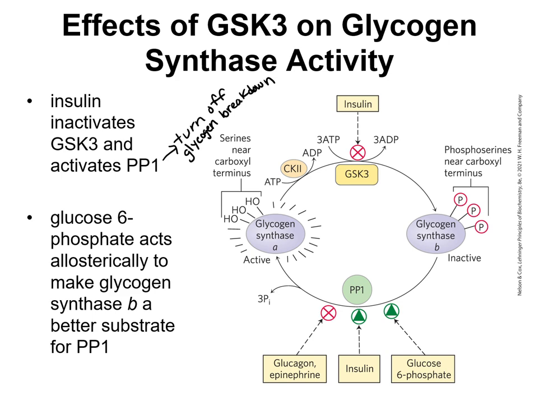Once you inactivate GSK3, that means that PP1 can also go and dephosphorylate glycogen synthase A. So this process turns on glycogen synthesis.